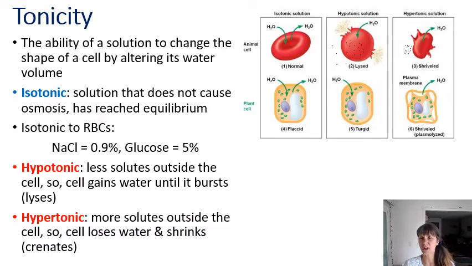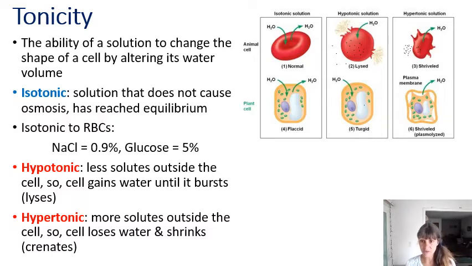Solution has more solute than the cell. So which way does the water go? Water follows solute. The water goes out of the cell, which you can see by the green arrow, and the cell shrivels up like a raisin. It shrinks. That is called crenation. We say the cell crenates.